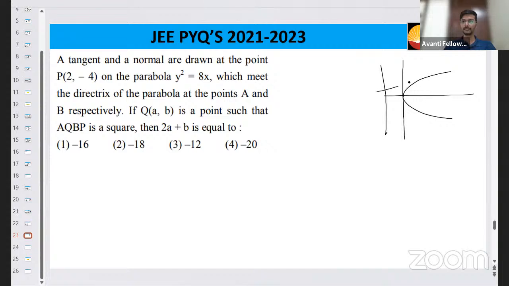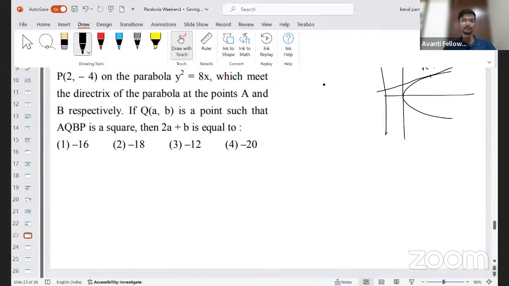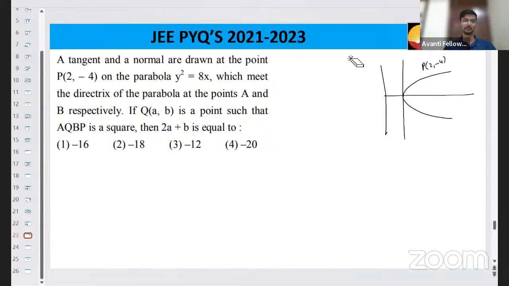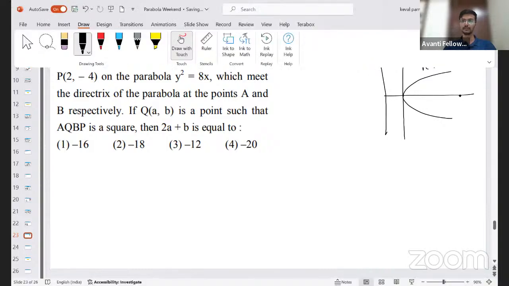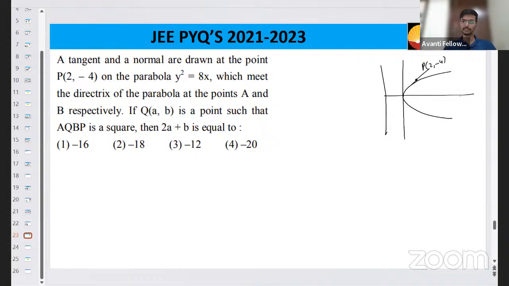Let me draw the diagram a bit so that you can understand. Let's say P is here. So if a tangent is drawn, it meets the directrix at point A. If I draw the normal here, the normal meets at point B. So we have triangle PAB.